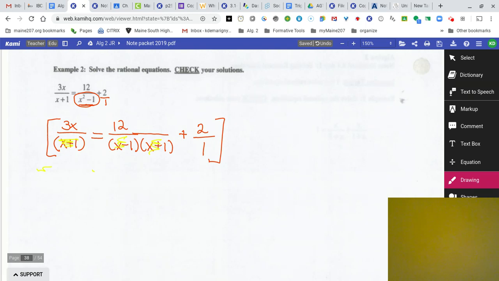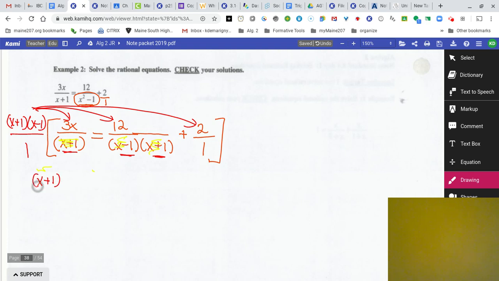Okay, so what I'm going to multiply through by is an x plus 1 and an x minus 1. This one has an x plus 1 and an x minus 1, so I need an x plus 1 times an x minus 1 to be distributed to all three terms. Okay, so here's what I have. And I know this is the tedious part.